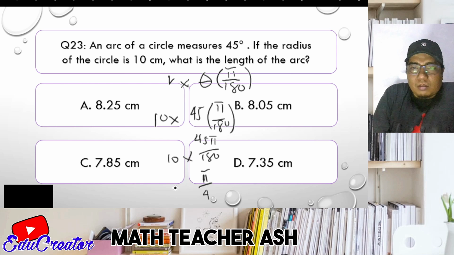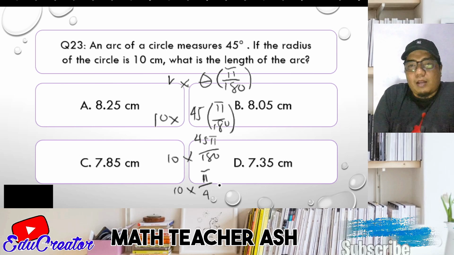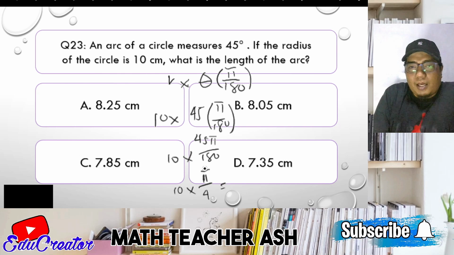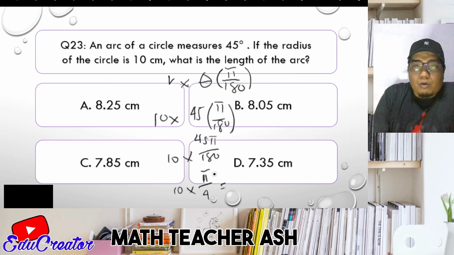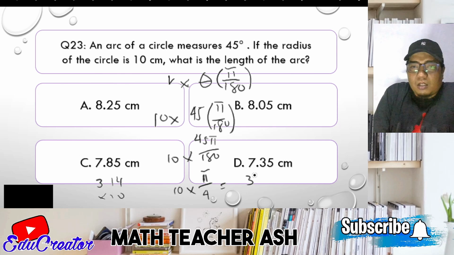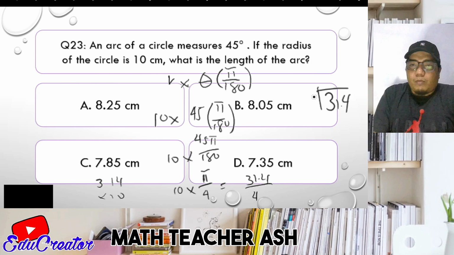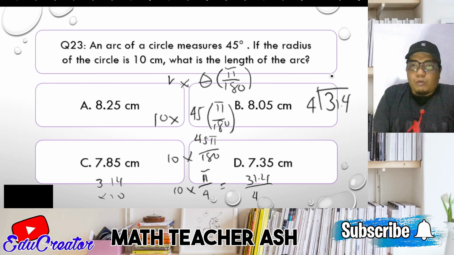So we will have 10 times pi, over 4. We know that pi is 3.14. Multiplying 3.14 by 10 gives us 31.4, and then we divide it by 4. When you divide 31.4 by 4, the answer starts with 7.